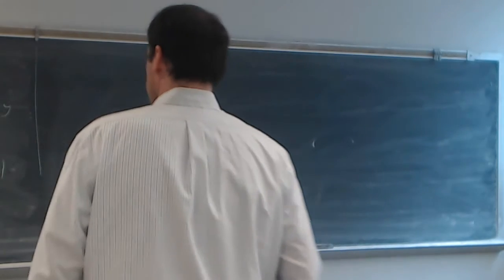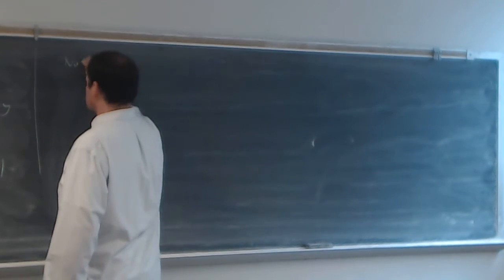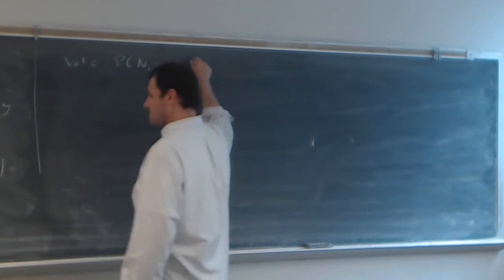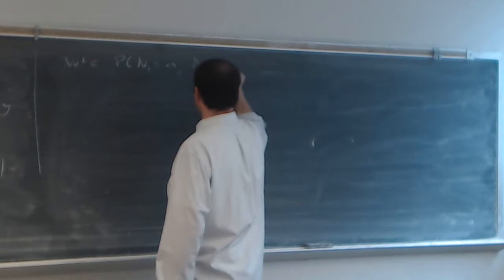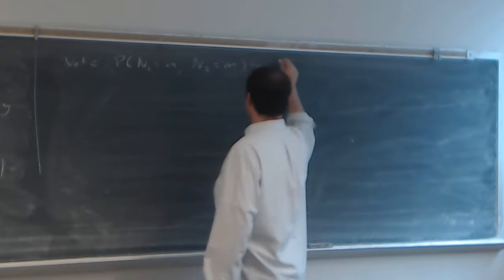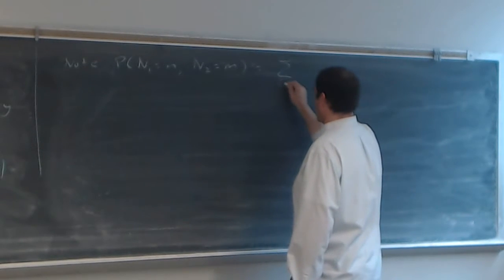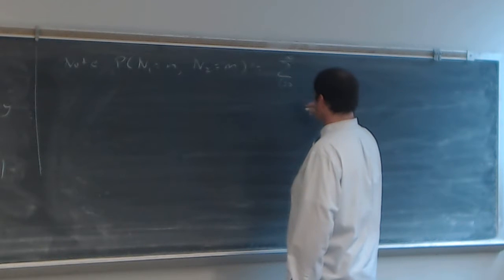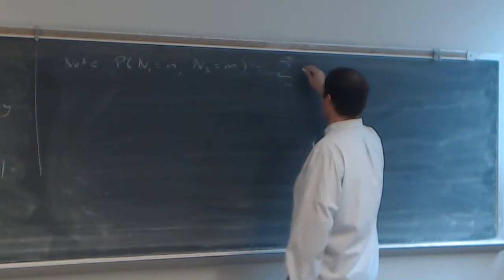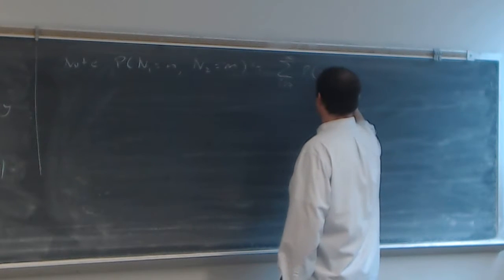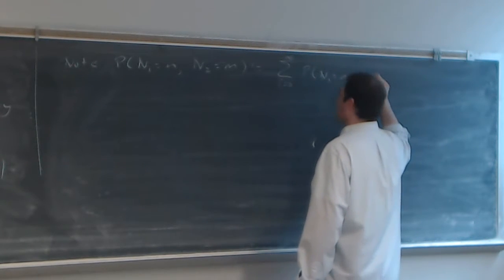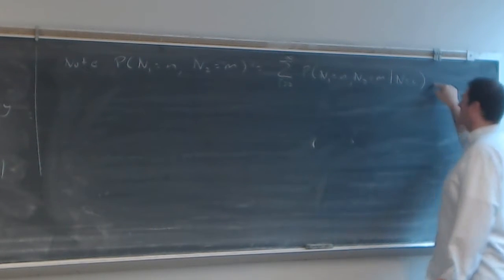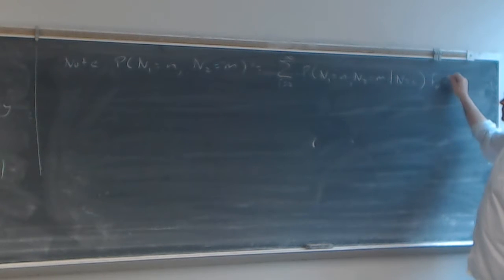Okay. So here's what I want to tell you. Note, the probability that N sub 1 equals n and N sub 2 equals m is going to be a sum over all values, I'll call it i, of the probability that N sub 1 equals n, N sub 2 equals m, given big N equals i, times f sub N of i.